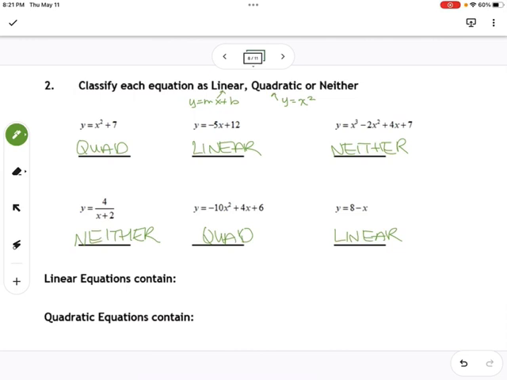So for linear, it's y equals mx plus b, and this is when we have the exponent 1. Quadratic, y equals ax squared plus bx plus c, so having the exponent 2.